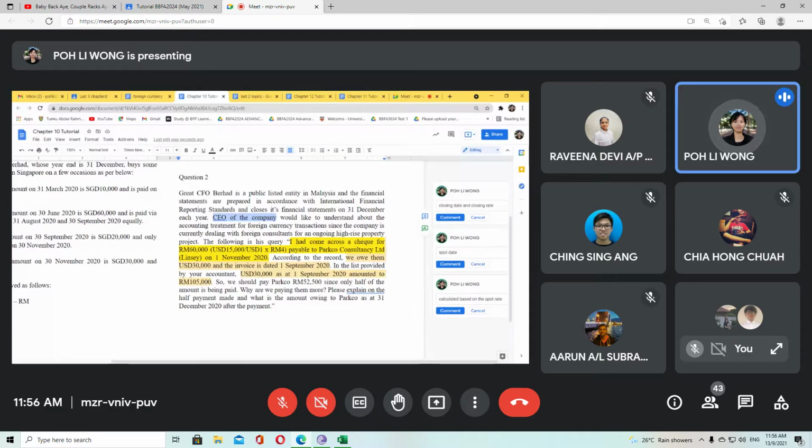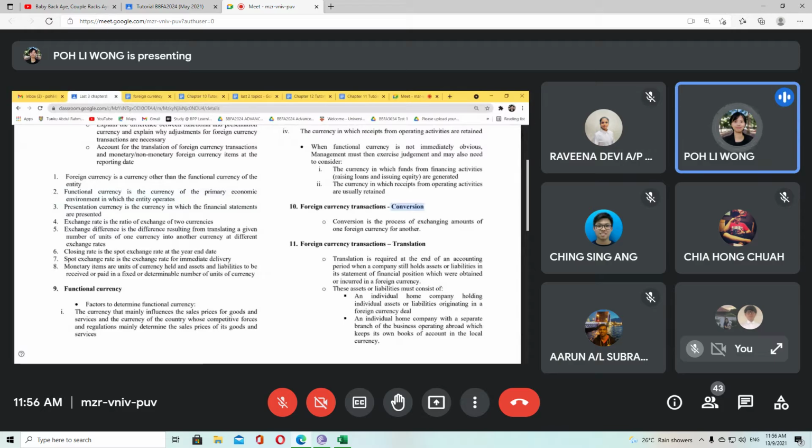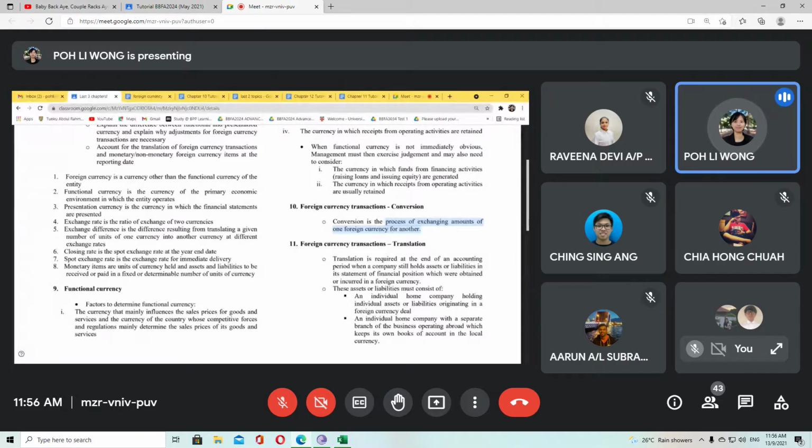According to him, of 105,000 we should pay 52,500. Why are we paying them 60,000? That is because of foreign currency transactions. So we have conversion and translation. Conversion is a process of exchanging amounts of one foreign currency for another, so we are experiencing foreign currency conversion here.